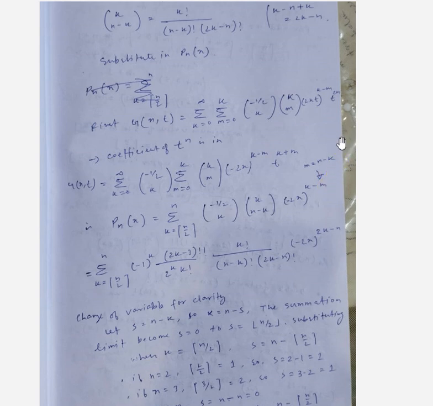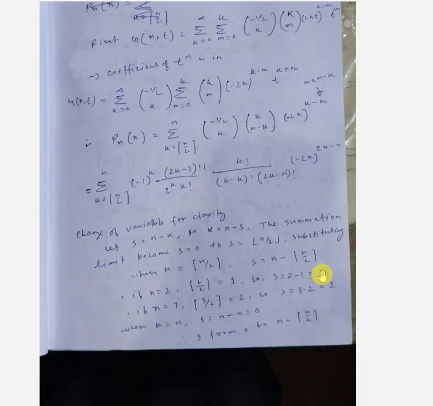Then we will get 2k minus n, then we will get the summation over k from n by 2 up to n of half to k, and I will change the variable.